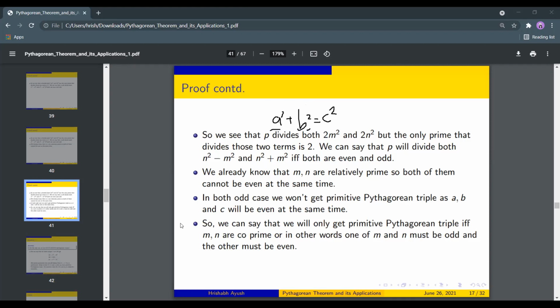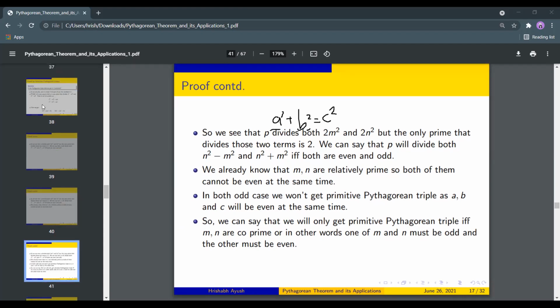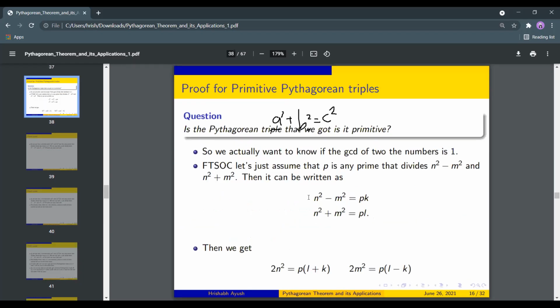And let's see the next slide. So we can say that we only get a primitive Pythagorean triple if and only if m and n are co-prime, or in other words, one of them must be odd and the other one must be even. You can see that from this slide. Can we say that c square will always be even?